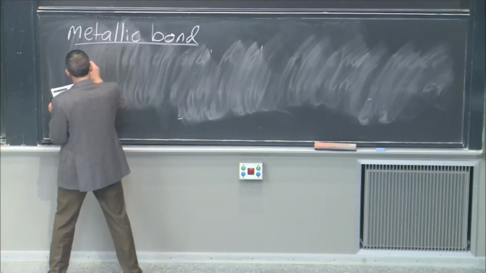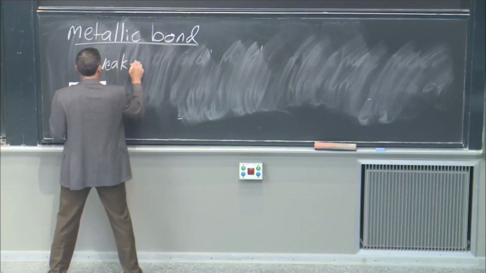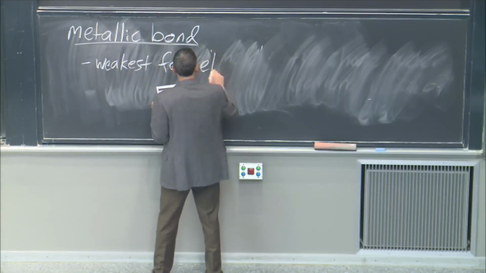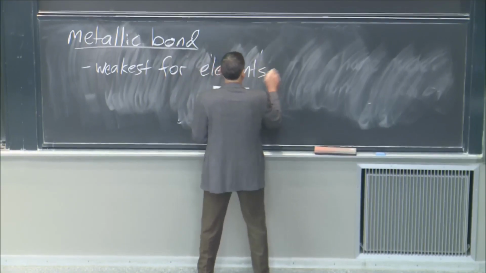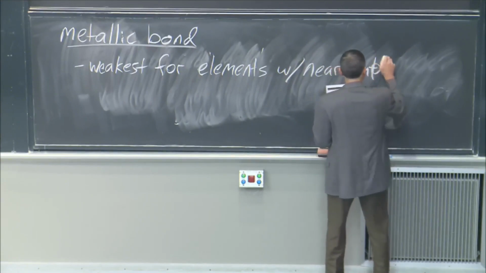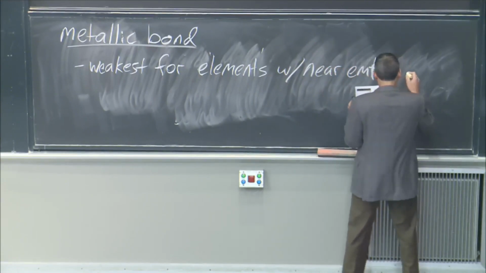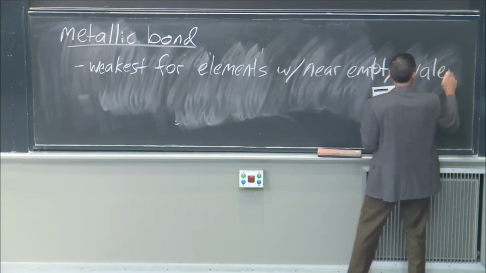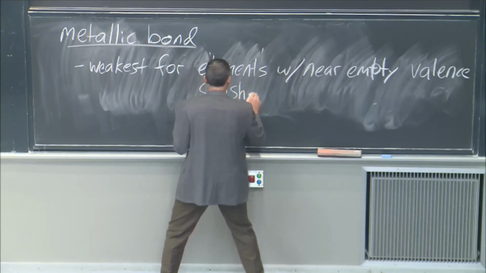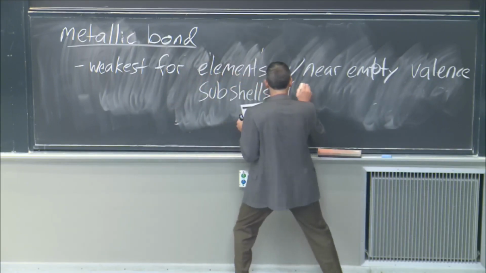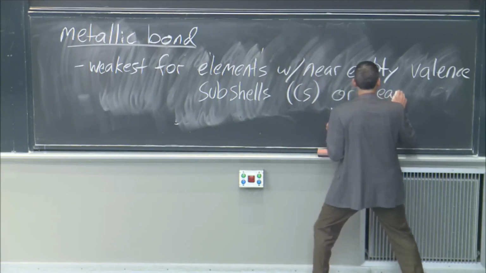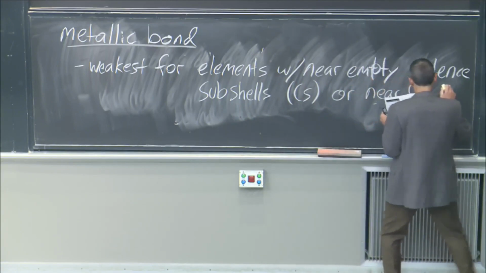So it's the weakest for elements with near empty valence subshells, I'll say, cesium is an example, or near full, like, for example, mercury.